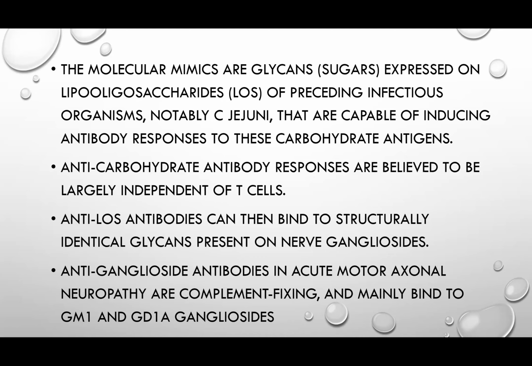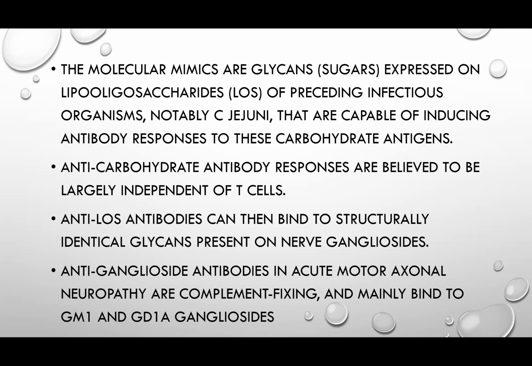Their short form is LOS, and antibodies develop against the LOS, so these are anti-LOS antibodies as far as C. jejuni is concerned. Where are the glycans present? These glycans are present on the neuronal cells. So antibodies to the LOS go and interact with structurally identical glycans which are present on the nerve gangliosides.